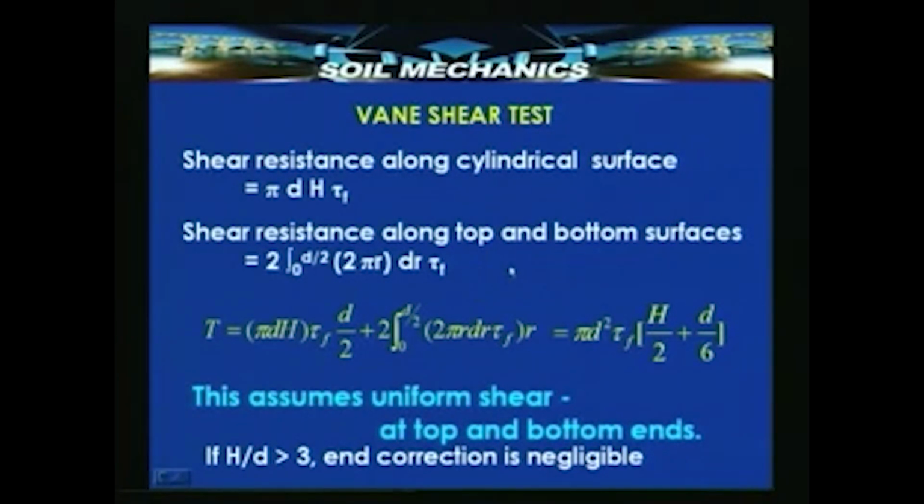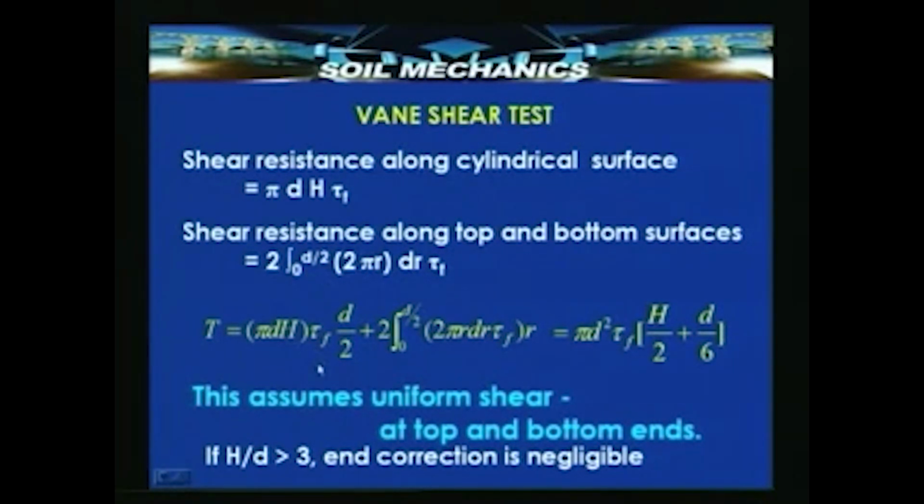Whereas the shear resistance along the top and the bottom surfaces together will be twice the integral from 0 to d by 2, because d by 2 is equal to the radius, and the shear distribution is from the center to the outer edge. 2 pi r dr tau f gives you the total shear resistance over a small elemental length dr at the ends.